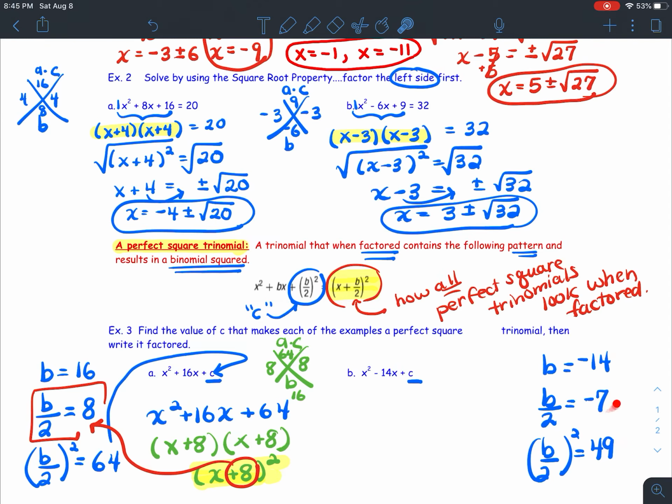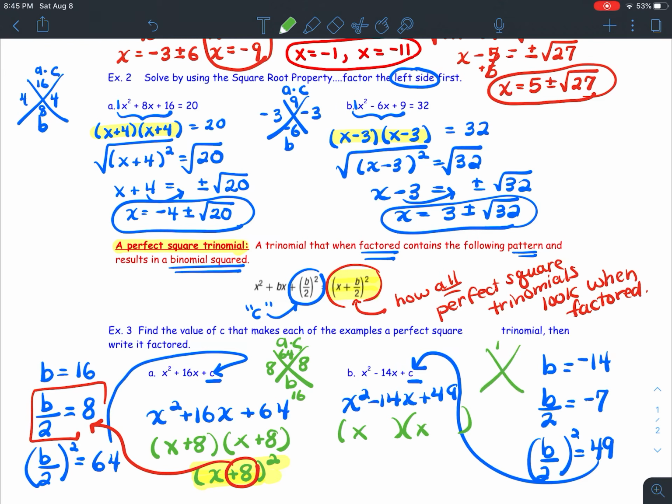Please take note that this last value, when you square the middle value, should always be positive every single time. Whether you square a negative or a positive, it is always going to be positive. This 49 is what our new c value should be. If we proceed with factoring this, it should be a perfect square trinomial. A times c is 49, b is negative 14.